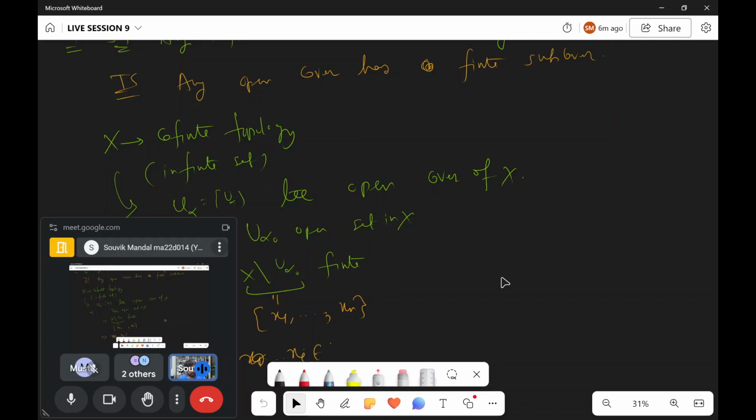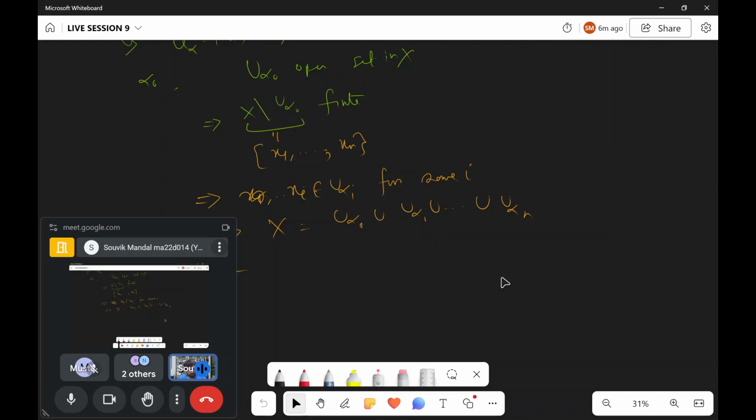So each xi belongs to U alpha i for some i. This implies that X is equal to U alpha naught union U alpha 1 union ... union U alpha n. So this tells that X admits a finite subcover. Okay, so this is the argument.